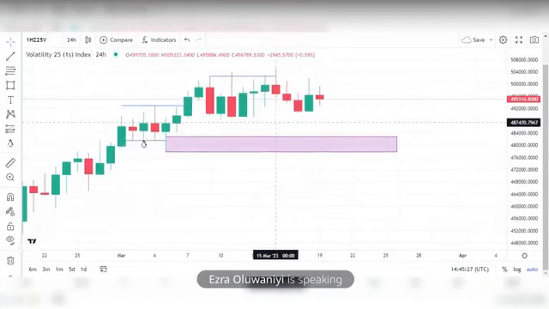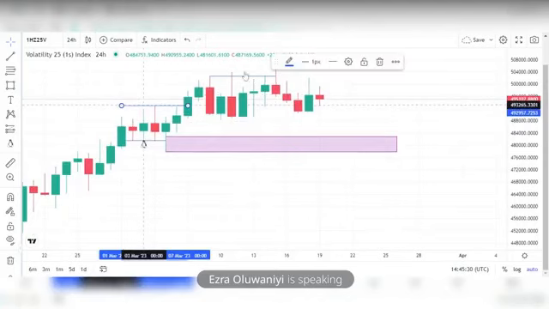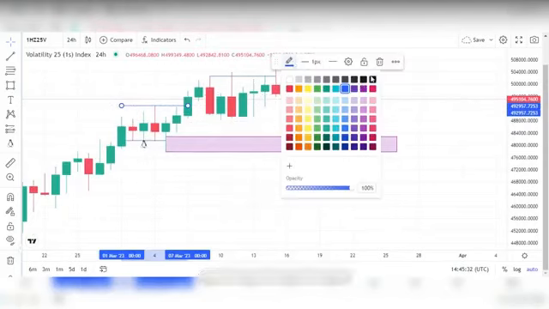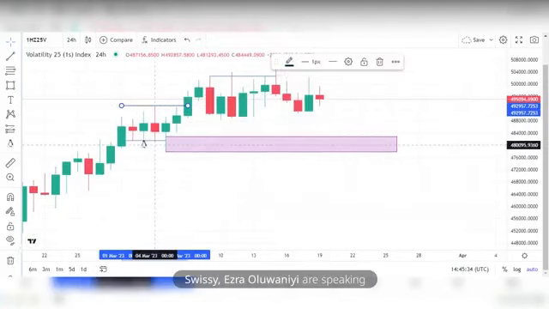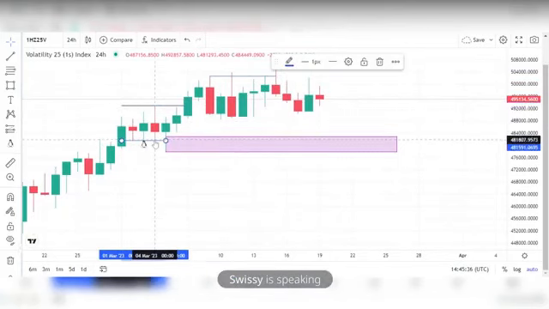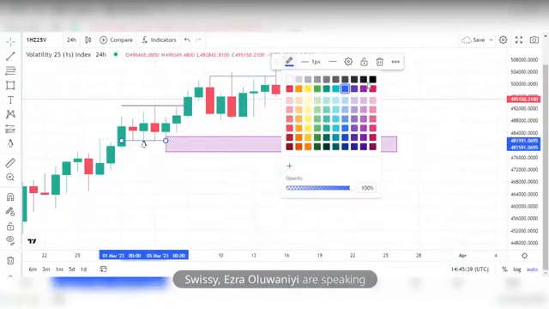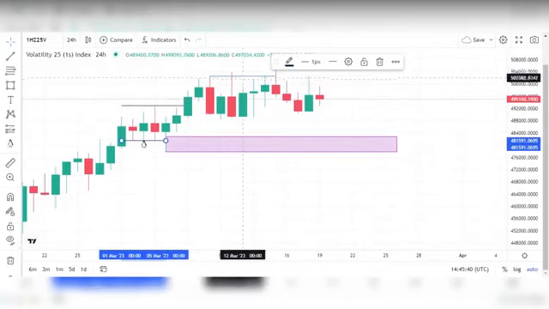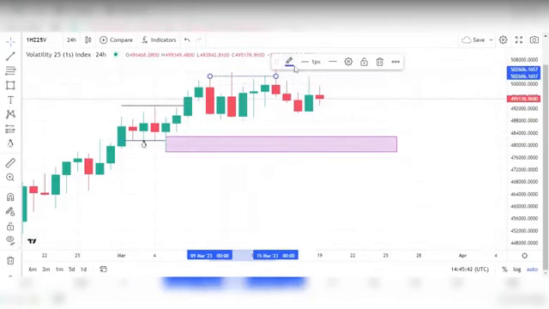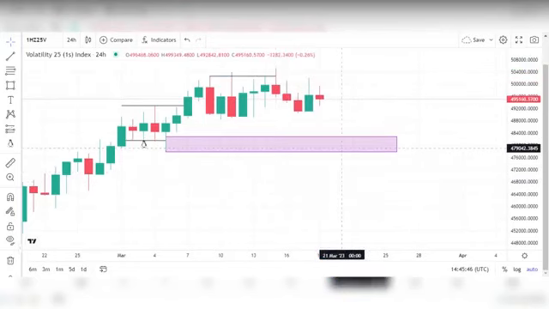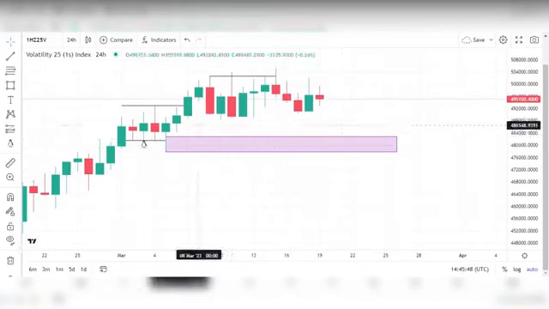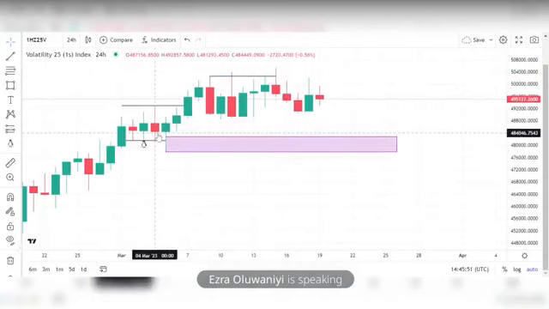Maybe I should zoom in a little bit, or maybe the color of this is not making us see it very well. The zone marked, the whole candle body is not showing, so we don't know what it alludes to.